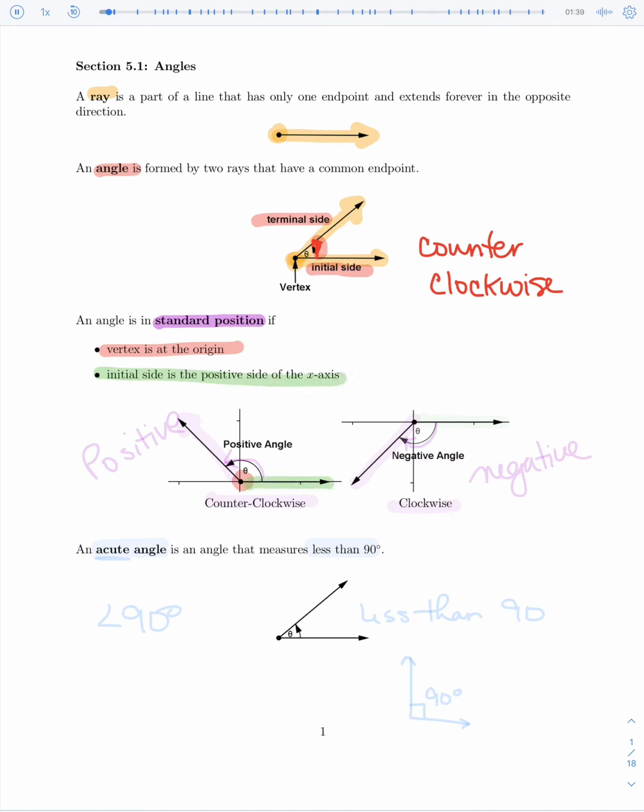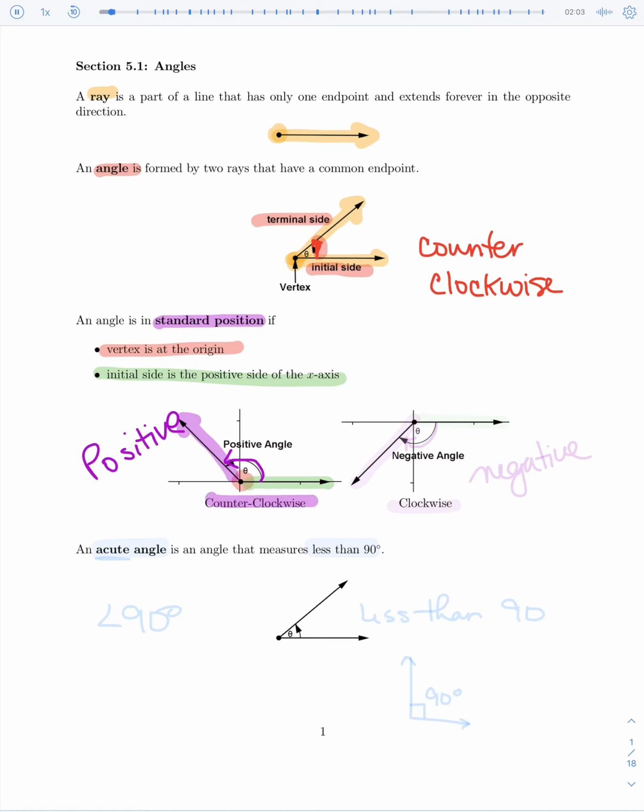If the angle is positive, it's going to be working in counterclockwise motion. So this angle is positive because we're actually going reverse of what you would think. Counterclockwise is a positive angle.